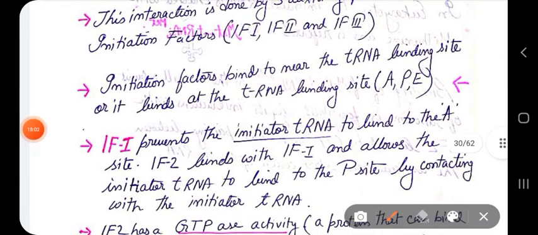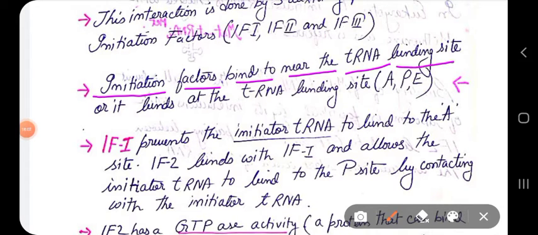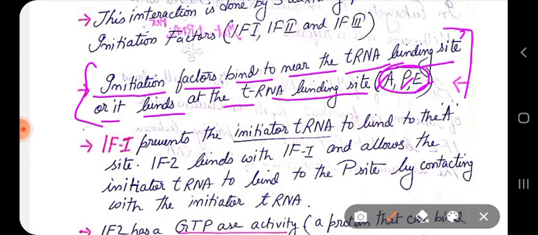These initiation factors bind either near the tRNA binding site or within the tRNA binding site, that is the A site, P site, E site. These three sites are very important for tRNA to bind. Within or nearby these sites, these initiation factors actually bind first. Let us see the functions of each of them.